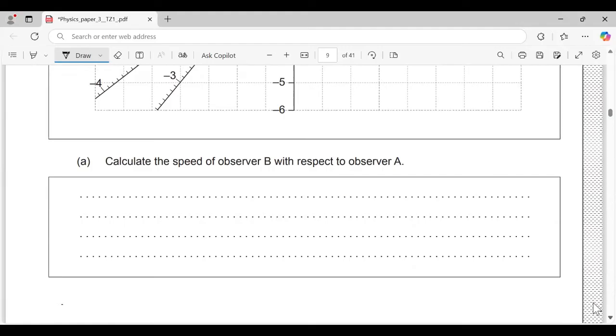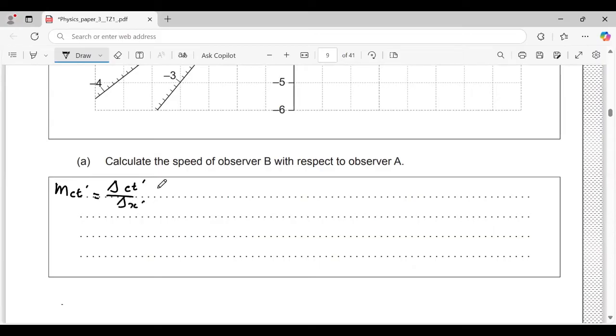Right. The first step, we need to determine the gradient or slope of the ct' axis. The slope of the ct' axis is equal to delta ct over delta x.